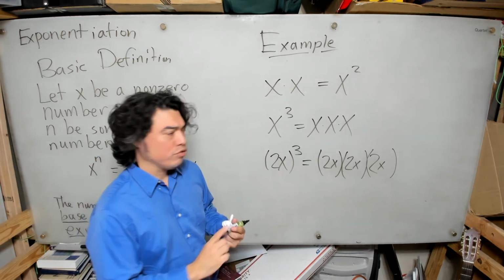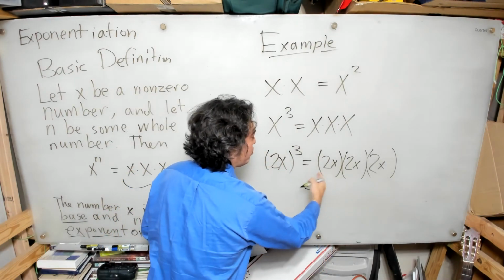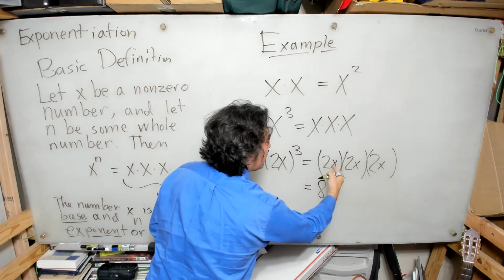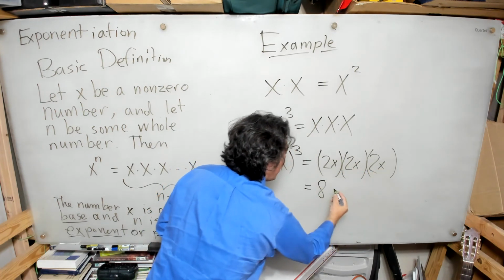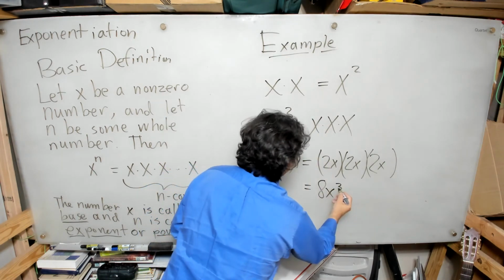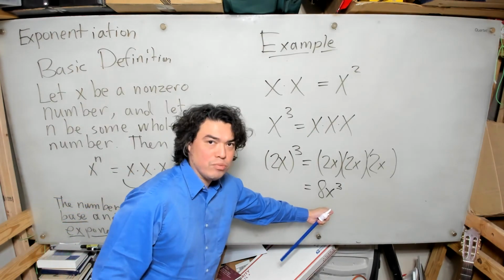Then, using those rules, you will eventually arrive at the conclusion that this will become 2 times 2 times 2, which is 8, times x times x times x. What is x times x times x? From here, we know that that's x cubed. And so we can see that 2x cubed is equal to 8x cubed.